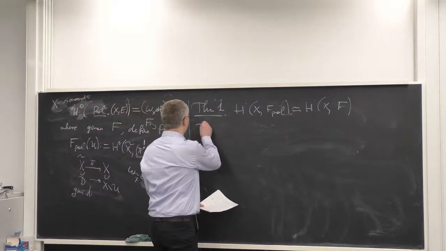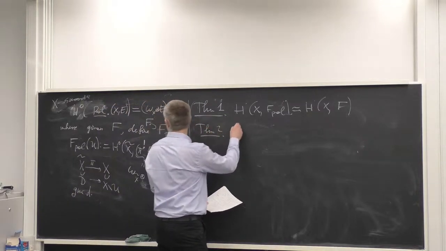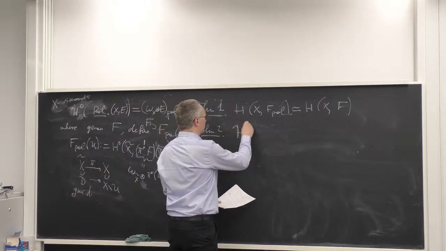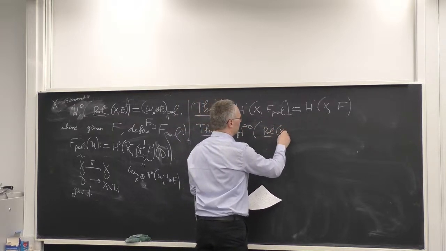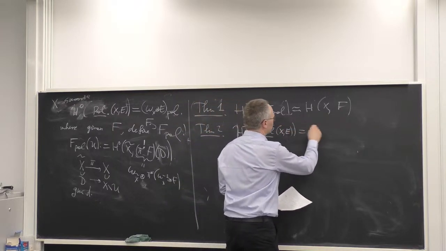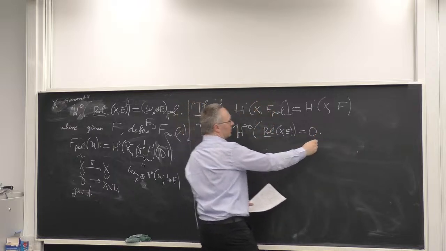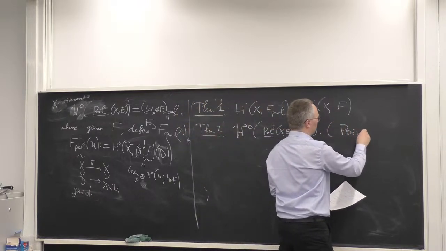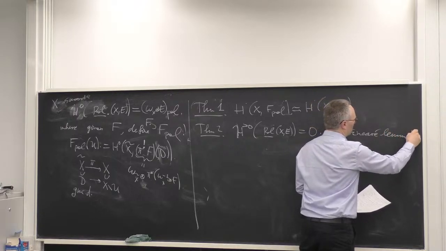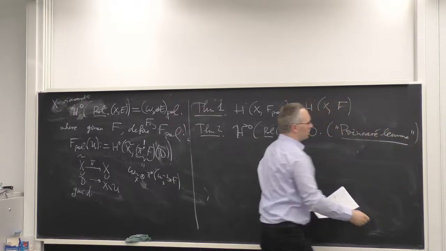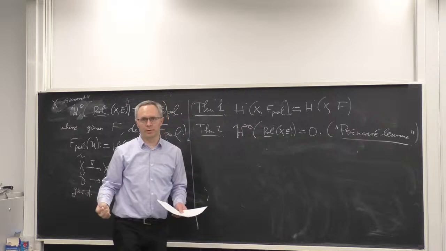Okay, and now theorem 2 tells that higher order sheaves of cohomology vanish, which means that, so this is the Poincaré lemma, which says that locally each cocycle is a coboundary.